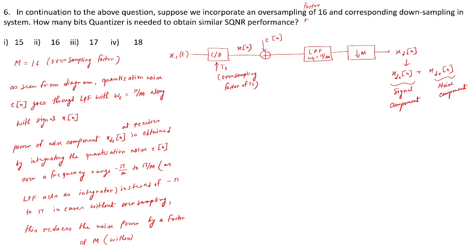Without oversampling, it is del square, which is the step size, del square by 12.